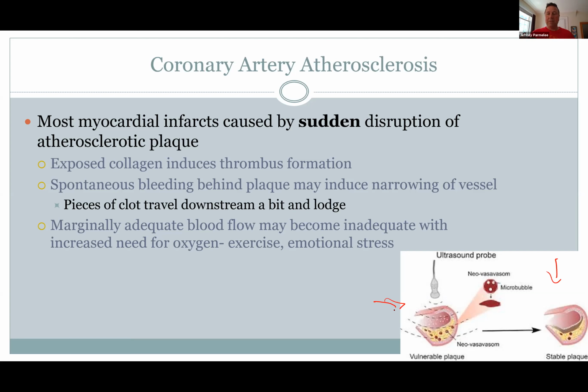If that blockage can't be opened up, you're going to have an infarct, a killing of the cardiac muscle in that region. You may be fine during normal activity, but this will come about when your heart is being stressed, emotionally or physically. Your heart rate is up, and only at that time do the symptoms present.